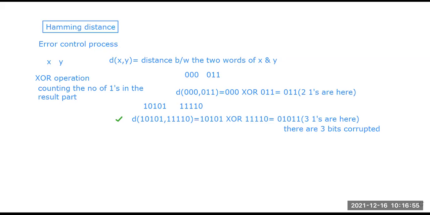Okay, as an example, suppose a data word is something like this. Let me write the things first.